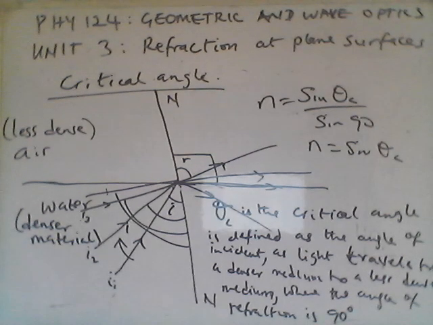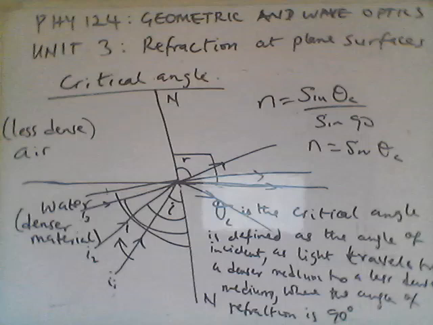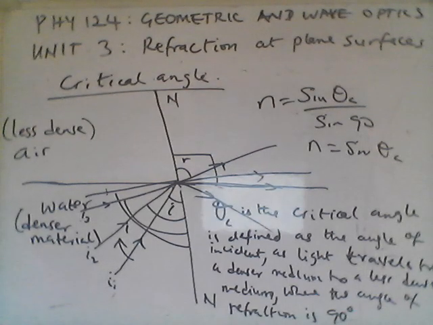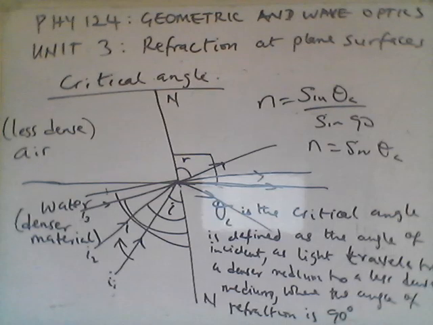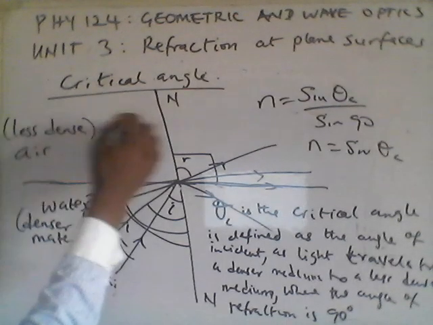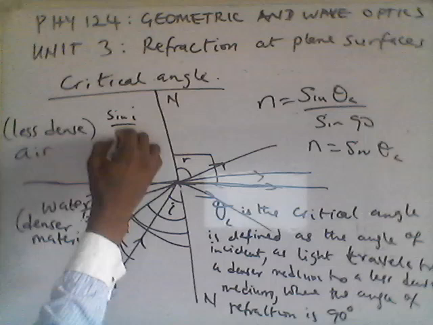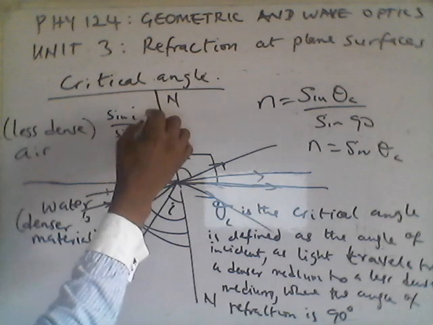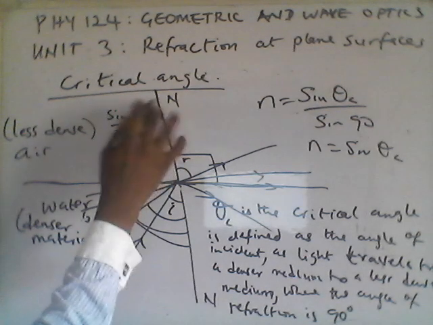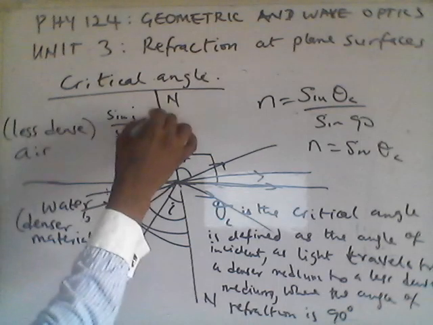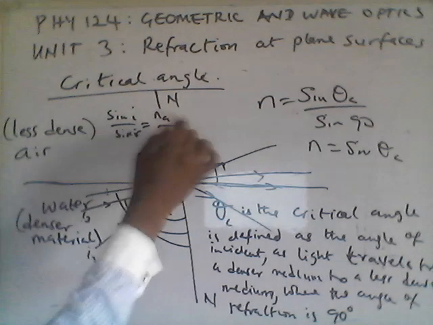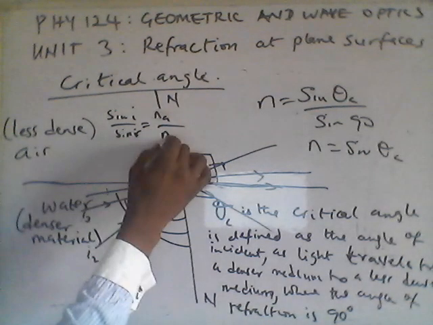According to Snell's law, the ratio of the sine of the angle of incidence to the sine of the angle of refraction is a constant known as the refractive index for that given medium. Snell's law can also be represented by comparing the ratio of the two media. Remember I said that sine of incidence over sine of refraction is also the same as the refractive index of the medium where the incident occurs, let me say air, and the refractive index of where the refraction occurs, let me say water.